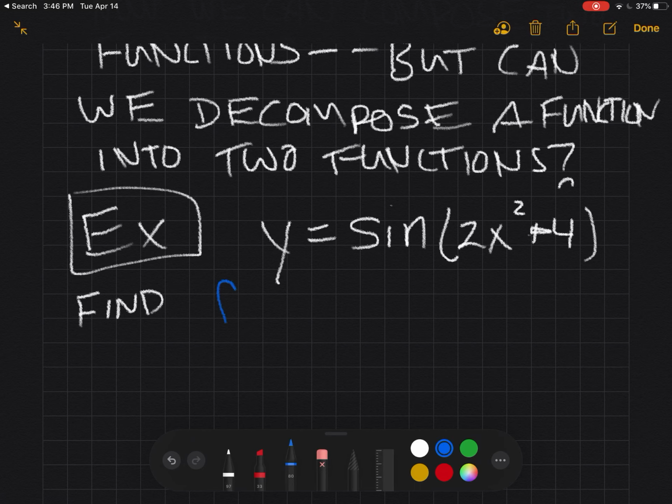Let's say I had the function y equals the sine of 2x squared plus 4. And I wanted to decompose this into two functions.